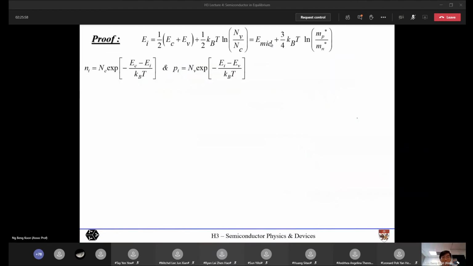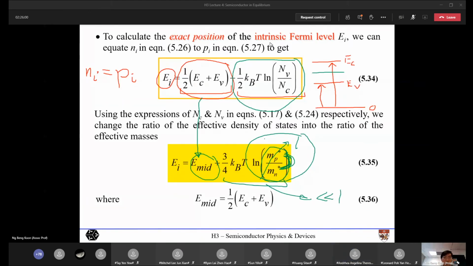So in most cases, we think of the EI as approximately equal to Emid, because the second term here is really quite small. Unless, of course, the question asks you to find out the difference between EI and Emid.